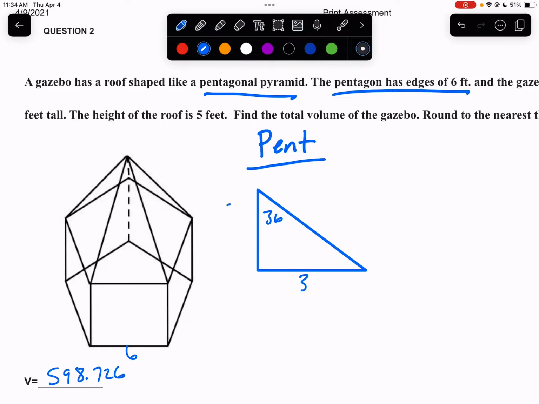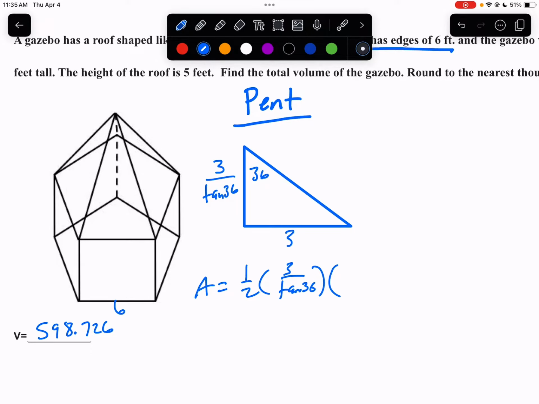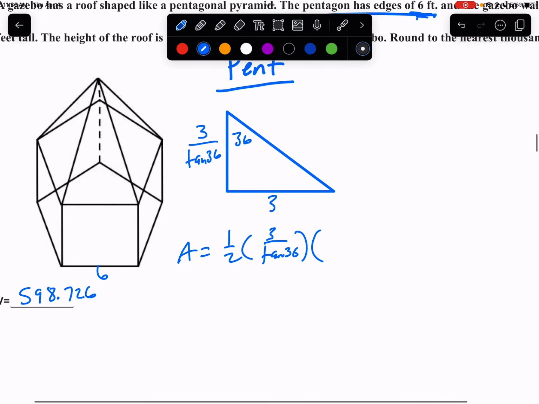So this would be 3 over the tan of 36. You can do trig. I promise you it checks out. But that side would be 3 over tan 36. So the area of the pentagon is 1/2 times the apothem, 3 over tan 36, times the perimeter. Well, if each side is 6, what's the perimeter? 60.